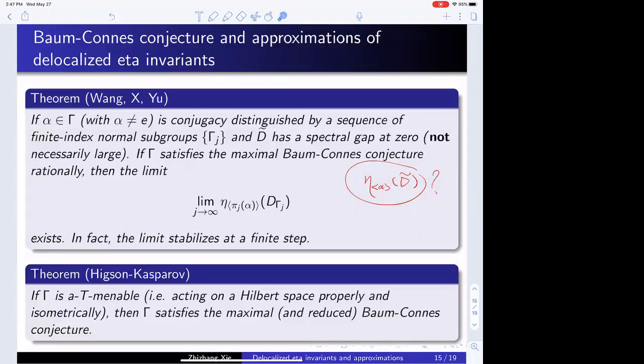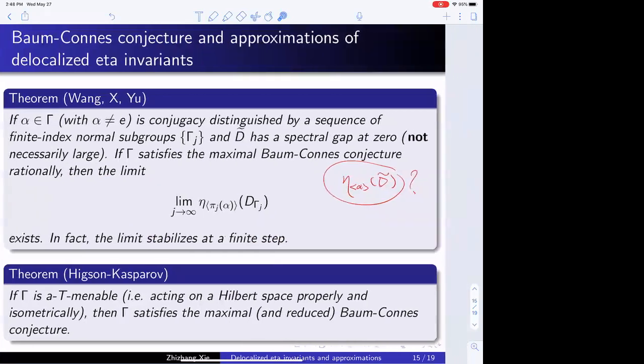Of course, in this case, they also show that it satisfies the reduced Baum-Connes. In fact, they show gamma is so-called K-amenable. But anyway, I just want to point out there is some content to this theorem. So indeed, for a-T-menable groups, this limit always exists.